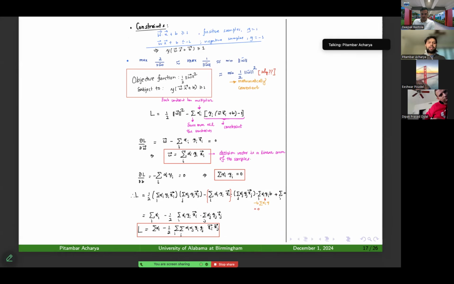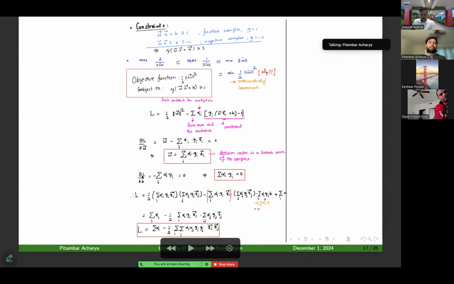If I take the partial derivative of L with respect to W, the normal vector, we can consider this as the weight, and this will be the decision vector as a linear sum of the samples. So the value of W will be this one.